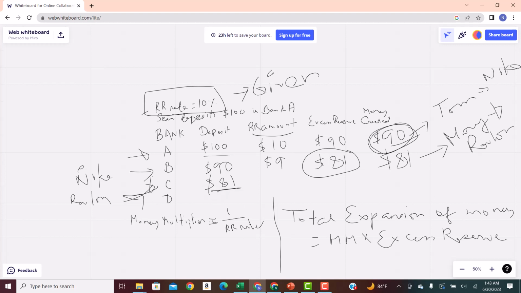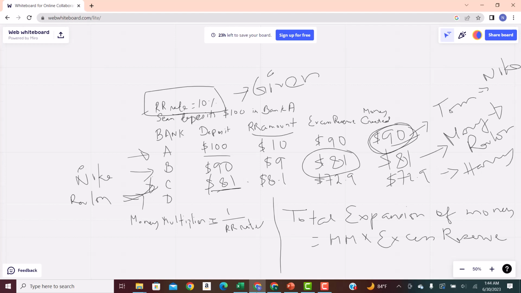So 10% of $81 needs to be held back as reserve, which is $8.1, and the rest can be given out as loan. So 81 minus 8.1 gives you 72.9, and this $72.9 is money created because it is loaned out to someone else. Let's say it is loaned out to Harry.